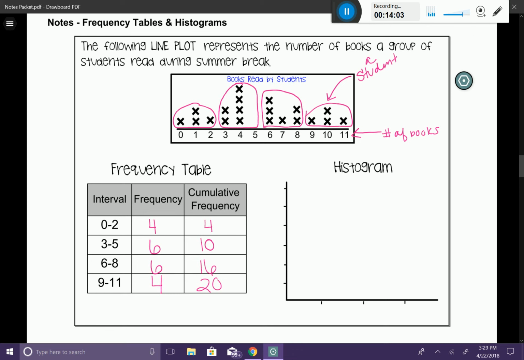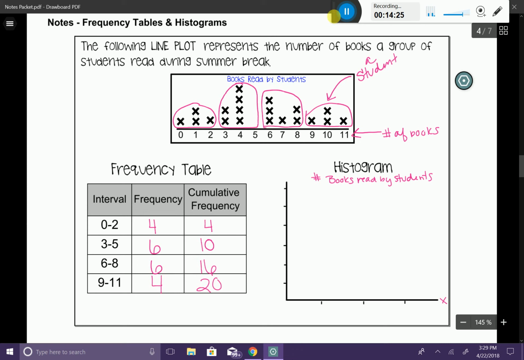So I'm going to say that the title is just books read by students. Or you can even say number of books. Okay, my x-axis, that's this one down here, our intervals represent the books, right?